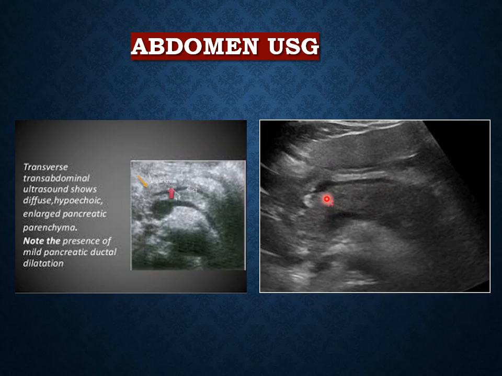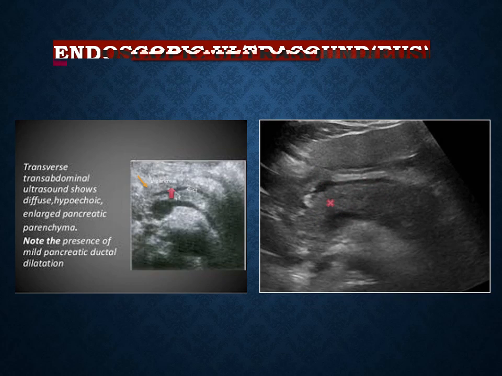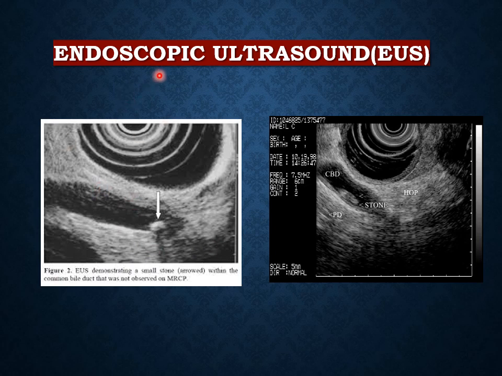It's dilated, and there's some fluid there. This is an EUS, endoscopic ultrasound, which clearly shows a stone in the lower end of the CBD or ampulla of Vater, which is clearly causing obstruction of the pancreatic ducts. Another one, stone in the CBD.